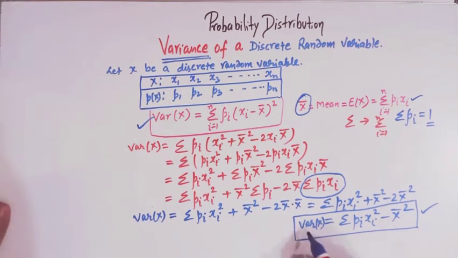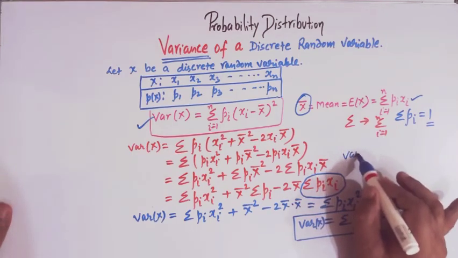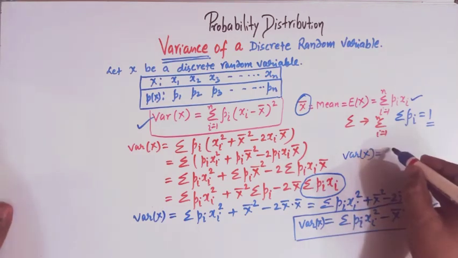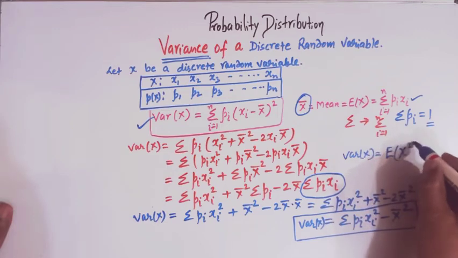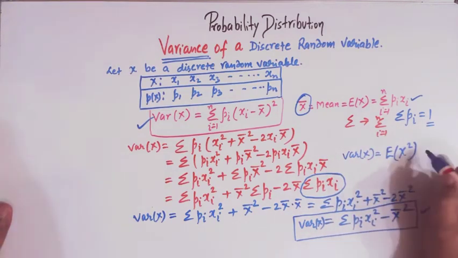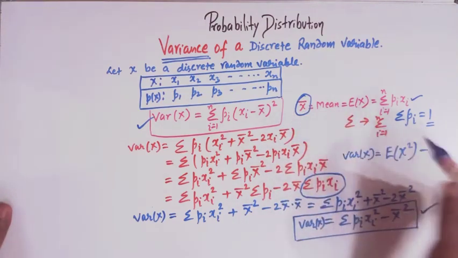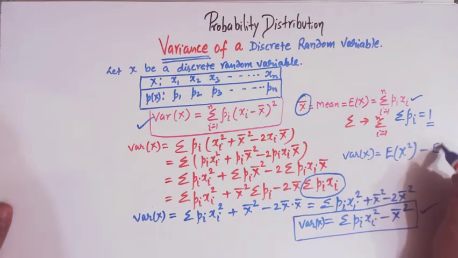Now this formula can also be expressed like this, that is variance of x is equal to sigma pi xi square, which can be written as the expectation value of x square, minus x bar, and x bar is E of x, so this can be written as E of x whole square.